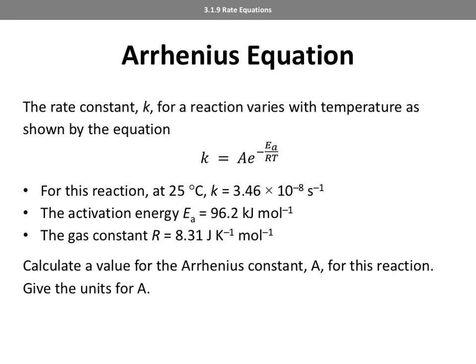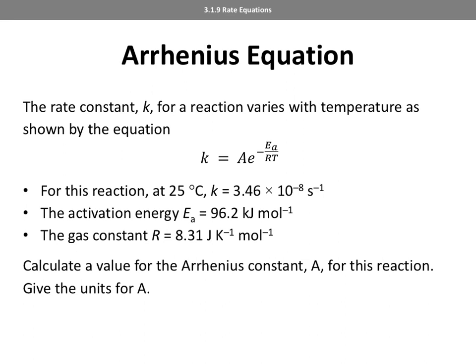So they've given us the units for k. The activation energy is 96.2 kilojoules per mole, but bear in mind in the Arrhenius equation it should be in joules per mole. And the gas constant is 8.31 joules per Kelvin per mole. You're always going to be given the gas constant.